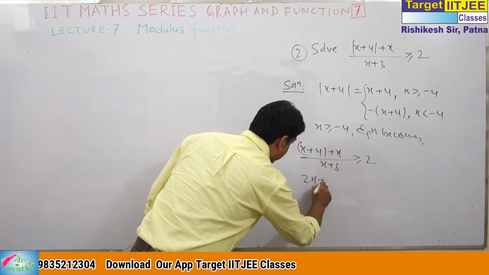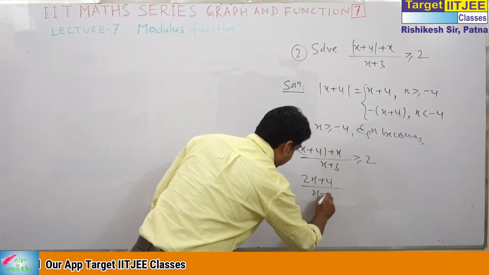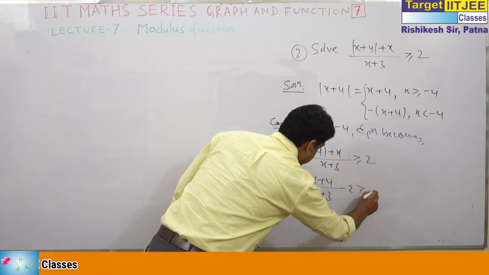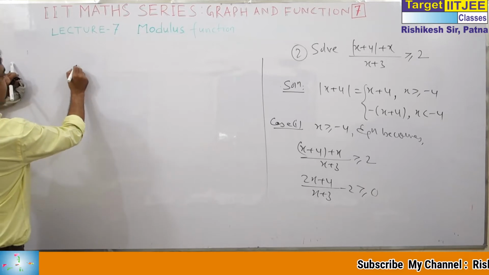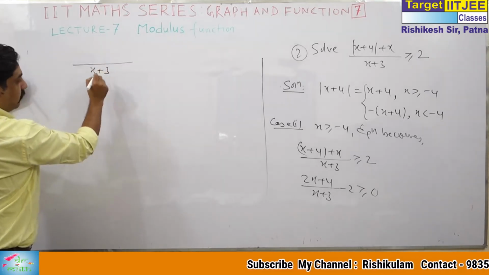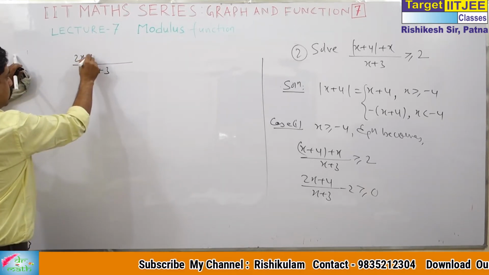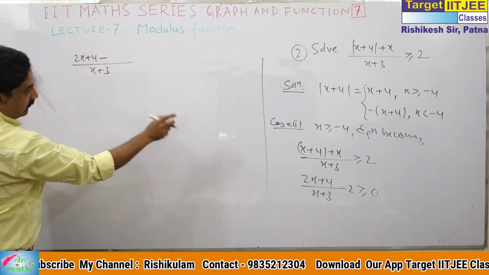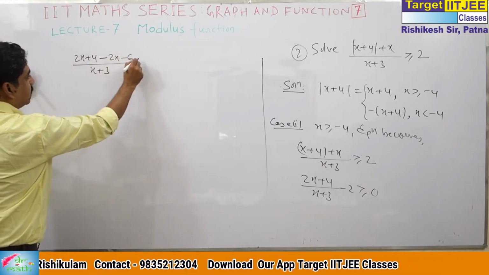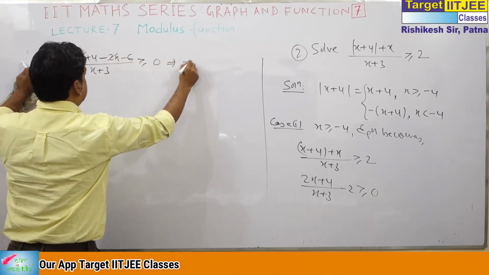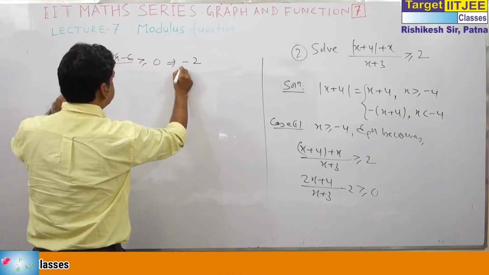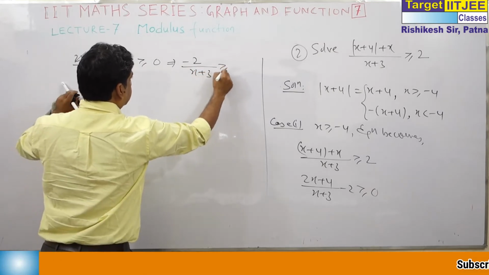So (x + 4) + x/(x + 3) - 2 ≥ 0. Taking the LCM, x + 3, the x terms cancel and this is actually minus 2/(x + 3) ≥ 0.